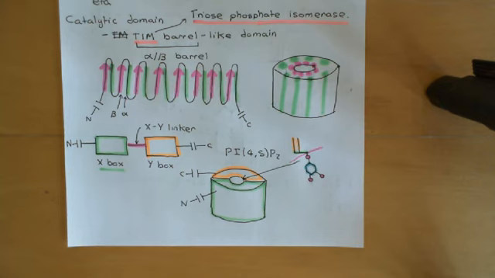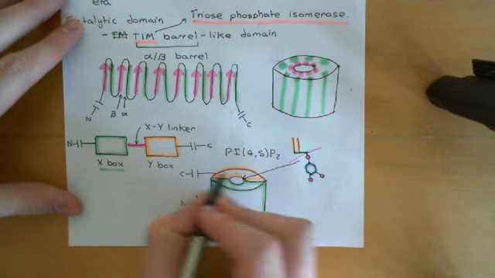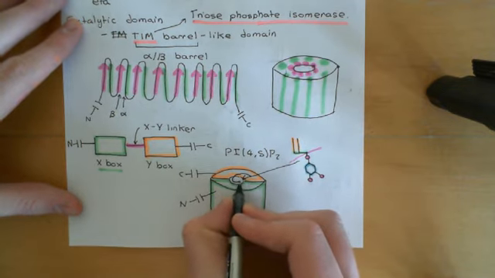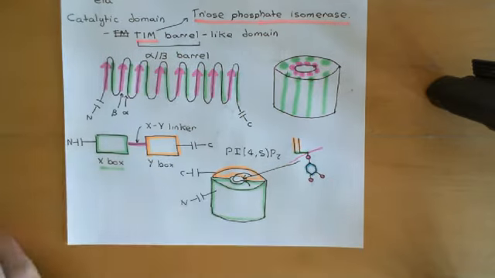Now, importantly, usually the way that the catalytic site of the tin barrel-like domain is blocked is through the XY linker. This portion in between the X box and the Y box folds over and inserts into that catalytic domain.